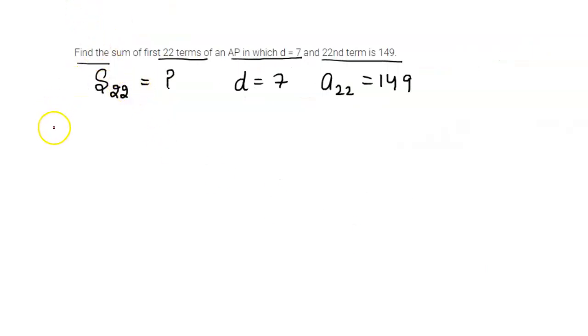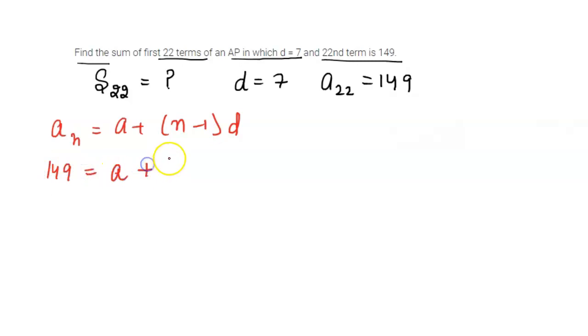First of all we use the an formula for finding the value of a. a means the first term. So an is equal to a plus n minus 1 into d. An is 149, is equal to a, which is not given, plus, which term is 149? 149 is the 22nd term, minus 1, and d is 7.